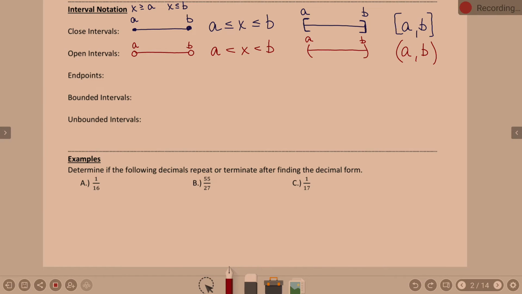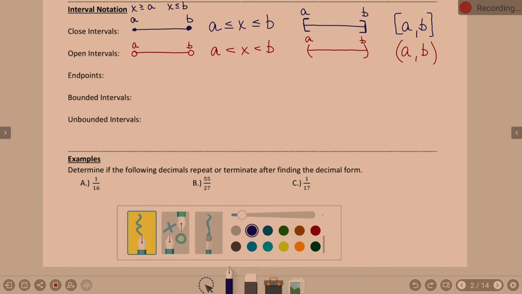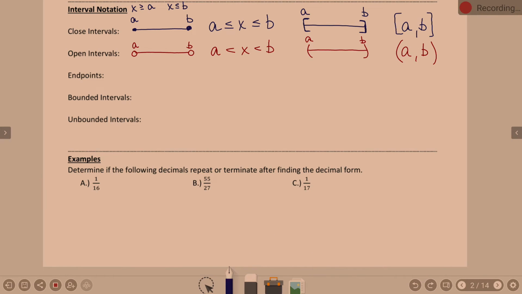A little bit of vocabulary here. What are the endpoints I just used in those two examples? A and B, right? So endpoints are just your points at the end. Okay, bounded intervals. Bounded is a word we talk about in pre-calc. We'll talk about it when we get to chapter 1 as well.